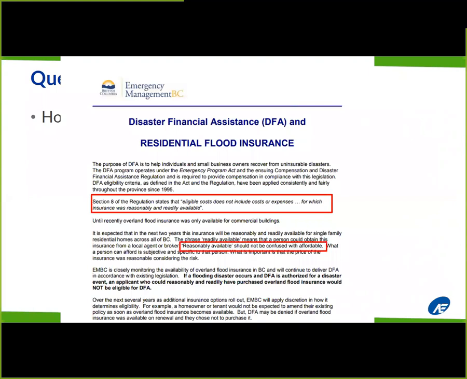Another key point they made was that reasonably available should not be confused with affordable. So if I were to live in the floodplain, this premium might be very expensive, whereas if I lived somewhere that's less risky, maybe the premiums would be quite palatable. So in a nutshell, what they're really trying to convince me is, you're probably on your own because people in your neighborhood can buy this overland flood insurance. So that was interesting.